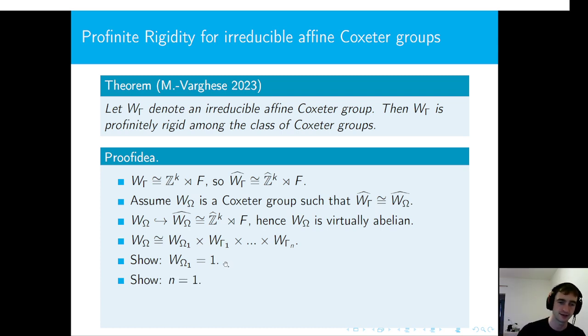And now the next step, which is a bit harder, is to show that this n is actually equal to 1, so that we in fact are given an irreducible affine Coxeter group here. And what's the idea? First you look at the abelianization. Abelianizations work really well with profinite completions. This allows you to reduce the number of factors quite a lot and reduce the number of cases you have to check.